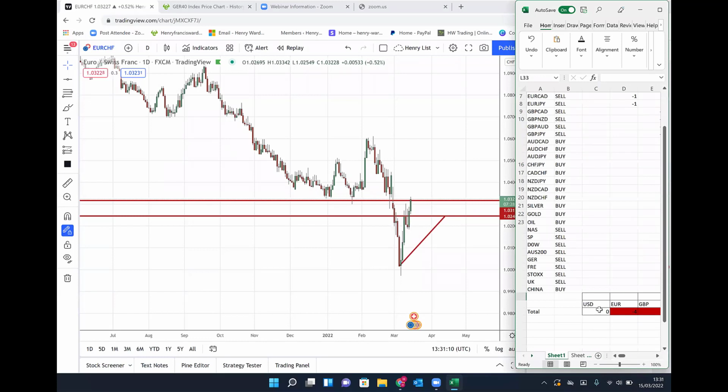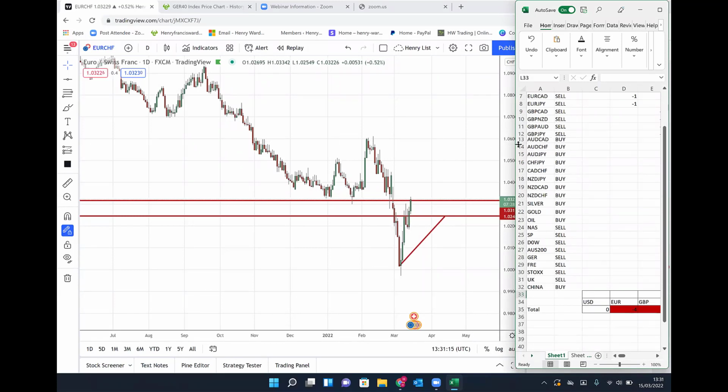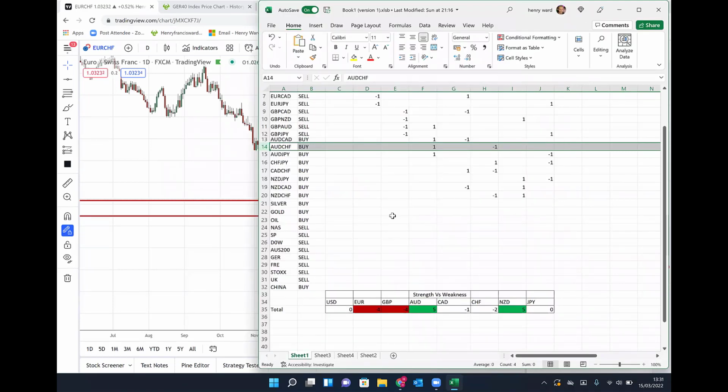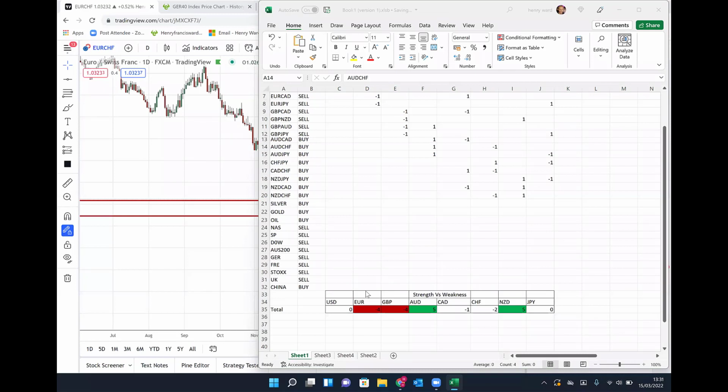Based on what we did on Sunday, Euro is one of the weakest currencies out there. Now, the problem with the likes of the matrix is that it's a week old, so it's using last week's data. So it looks like Euro and GBP are the two weakest currencies out there, and Aussie and NZD are the two strongest.